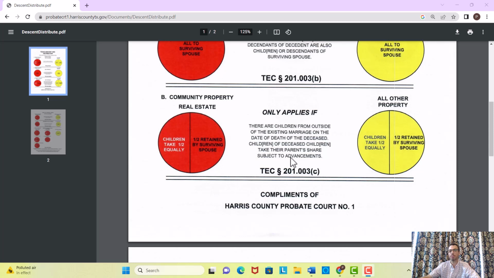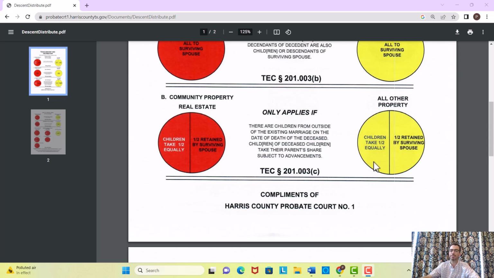If your homestead was purchased with your husband after marriage, it's therefore community property, and the children of your late husband are going to take half of it, and then you're going to retain half. And you get to live there forever based on the Texas Constitution, the surviving spouse homestead right, but the children own half the property ultimately, and the surviving widow is never pleased to hear that information.